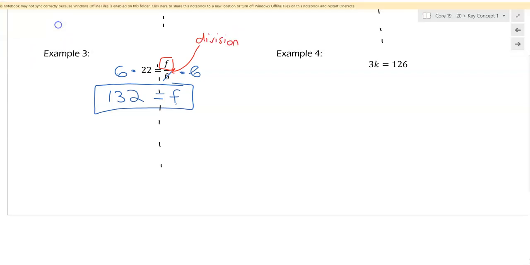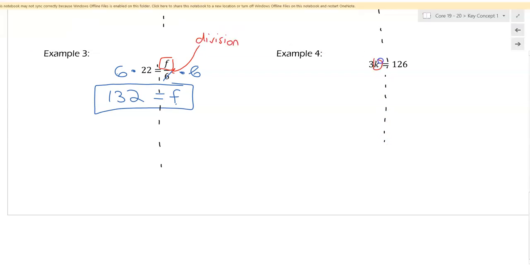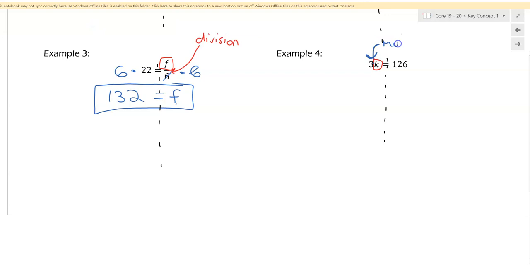Example 4. Again, I'm going to draw my line. There's my variable k. It has this 3. If there's nothing between them, it is a multiplication problem. When they're just written next to each other, they are being multiplied. Multiplication is the only operation we don't have to write. So this is 3 times k.